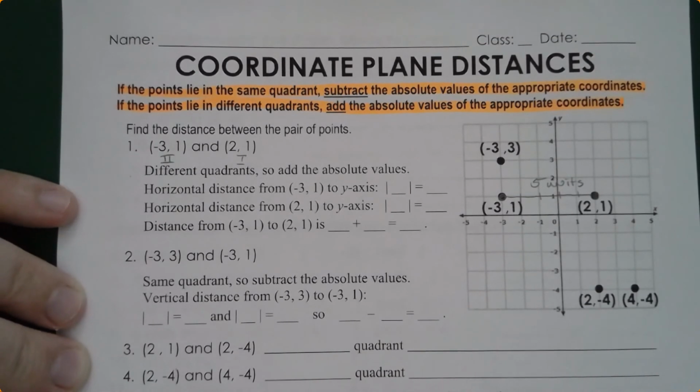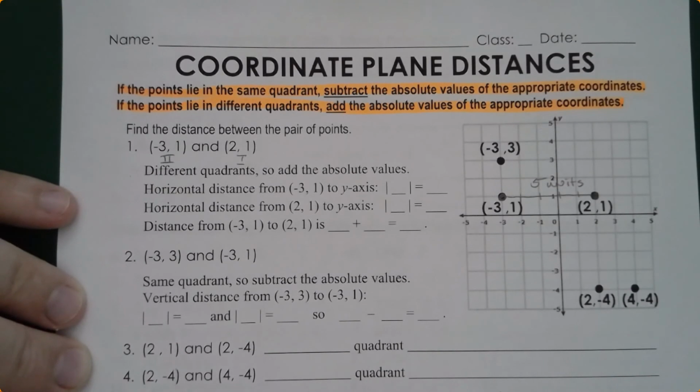What are the values that are different? Obviously we're not going to add the values that are the same. So what values are different? Correct. It's the x values. The x values are what's different, so that is what we need to focus on. The x values are going to be the values that we add here.